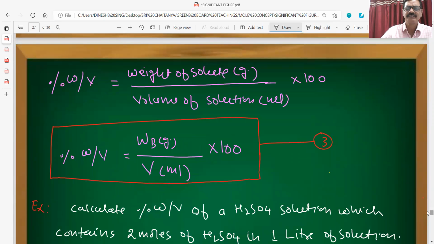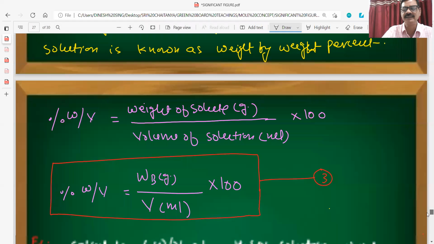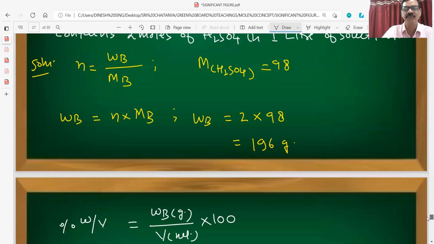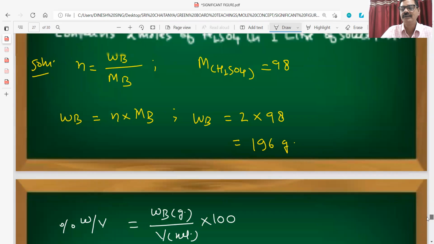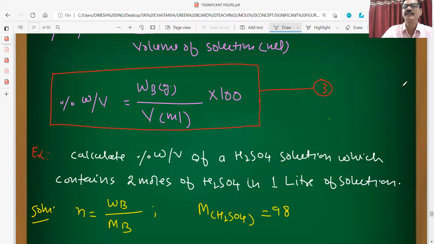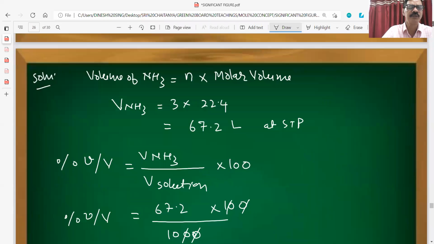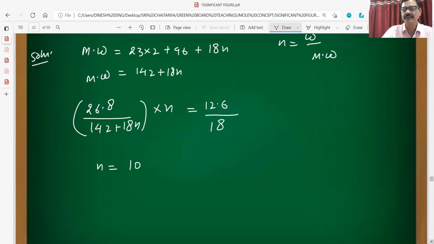In JEE or NEET they won't ask a direct question, but in some cases they can give the percentage term and ask for molality, mole fraction, parts per million, that type of question. So the three formulas I have discussed today are with respect to concentration.